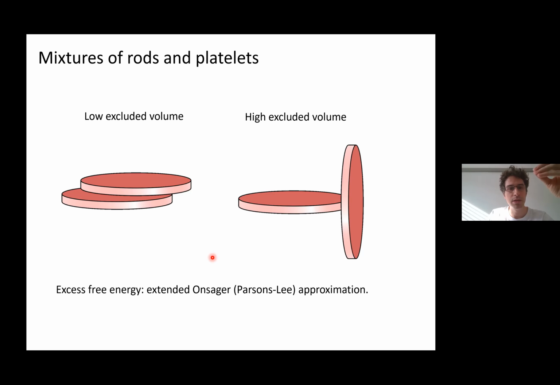The system wants to minimize the excess free energy, and in order to do so, the system orients the particles aligned along a given direction, which is known as the director. Okay, so if you want details about the theory, I can give you, but this is a standard approximation used in density functional theory for anisotropic particles.